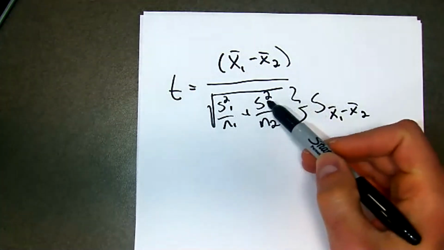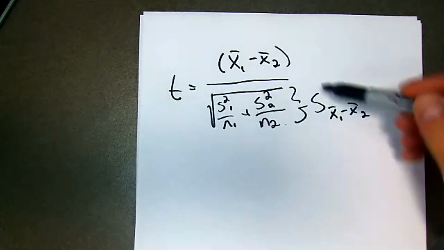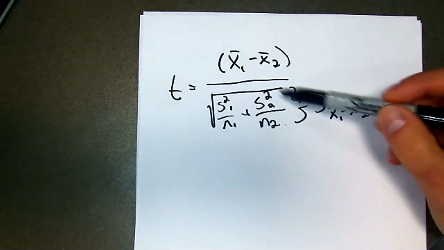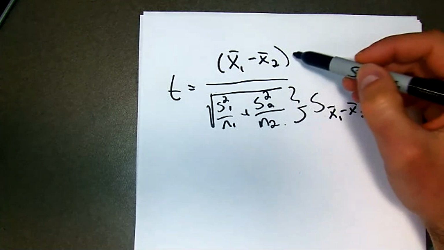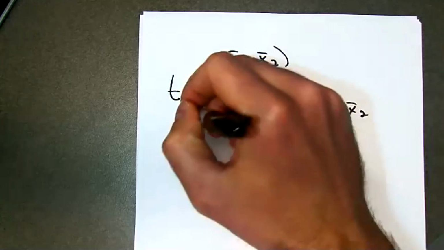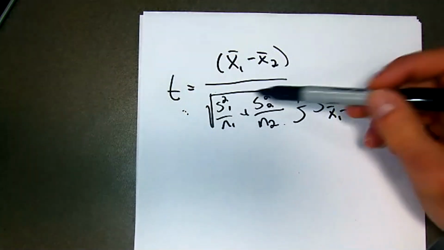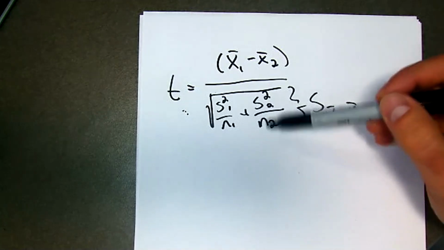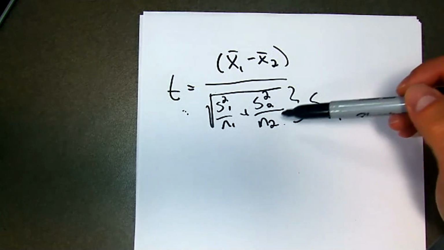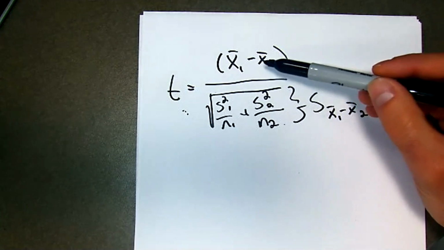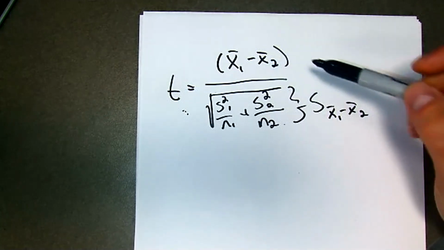Variances and sample sizes can never be negative, so this is always going to be a positive value. The denominators of my test statistics are always positive, so the numerator always tells me the sign of my test statistic.